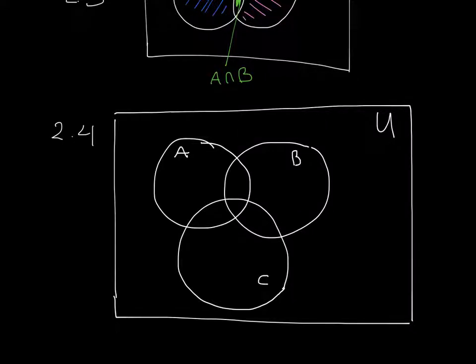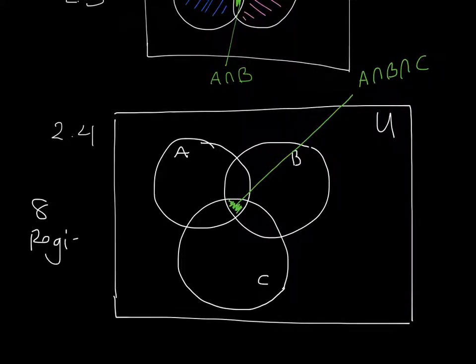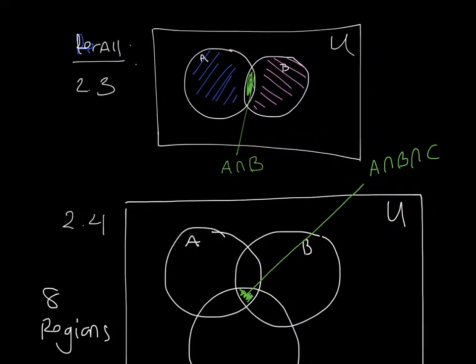So here, the intersection of A, B, and C is right there. Those are the elements that they have in common. But again, the 3 intersecting sets actually separate the universal set into 8 regions. So here it's 8 regions, and I might as well write it here.